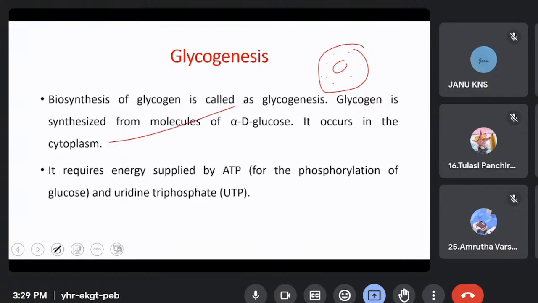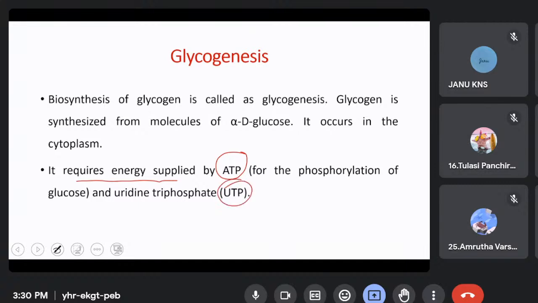So, glycogen metabolism, mainly glycogenesis, takes place in the cytoplasm, and the synthesis of glycogen requires energy. It requires energy which is supplied by ATP and also by UTP.